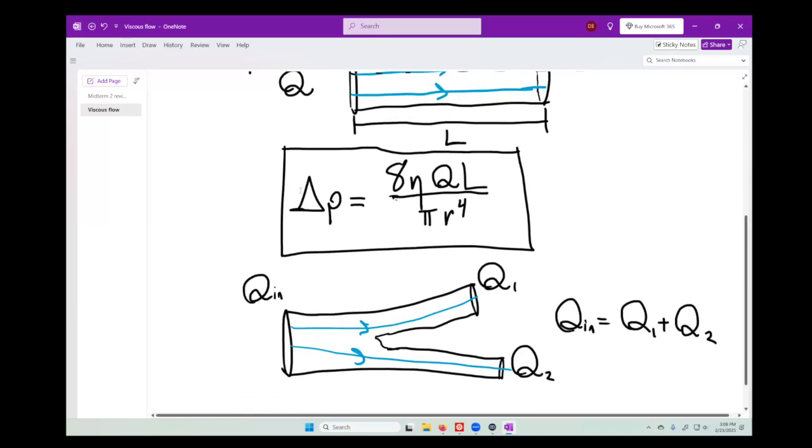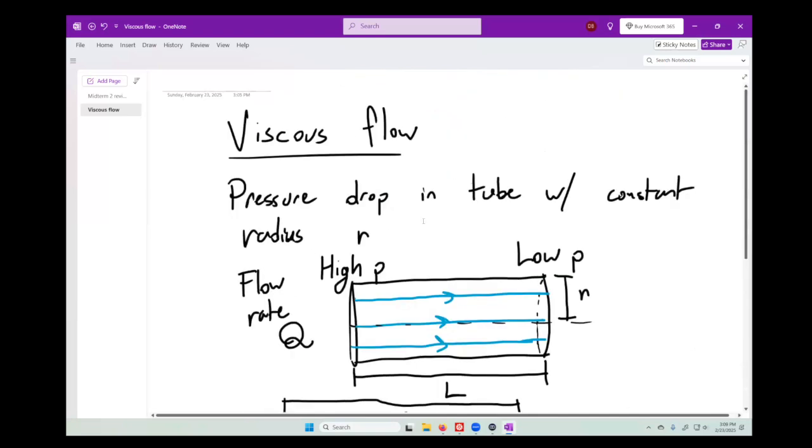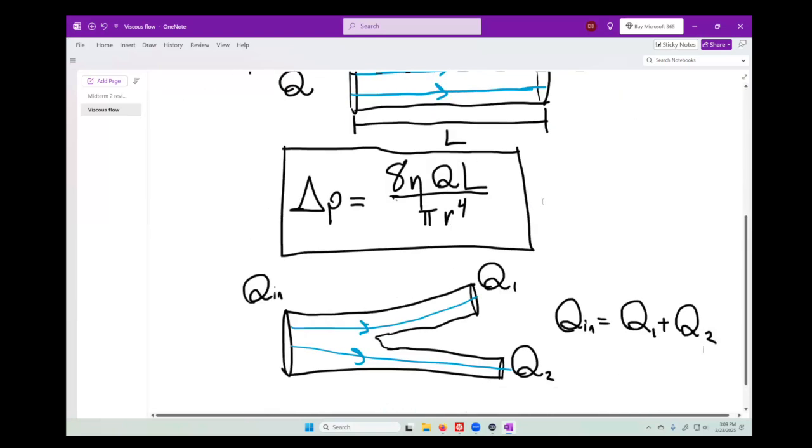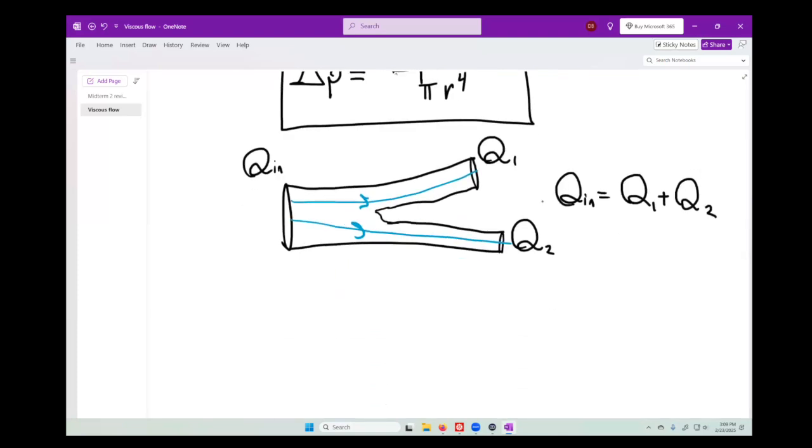You might use it to find the pressure drop, or if you know the pressure drop, you could use it to find the flow rate, like you saw in the discussion worksheet. But that's basically it as far as viscous flow. And this is in contrast to ideal flow. I've also gotten a lot of questions about this.